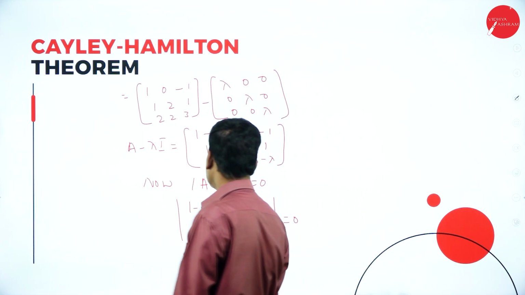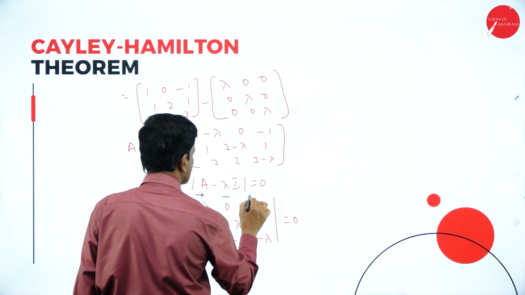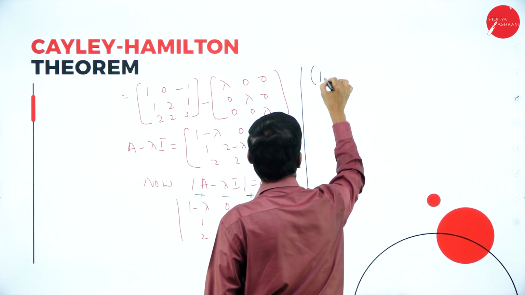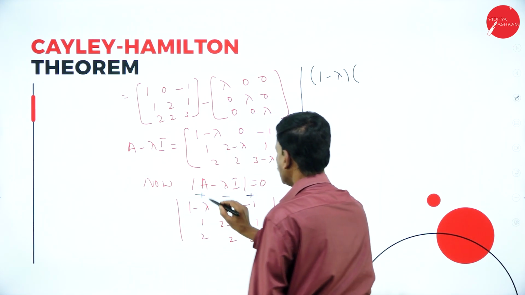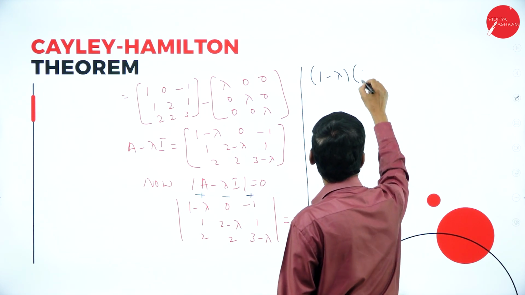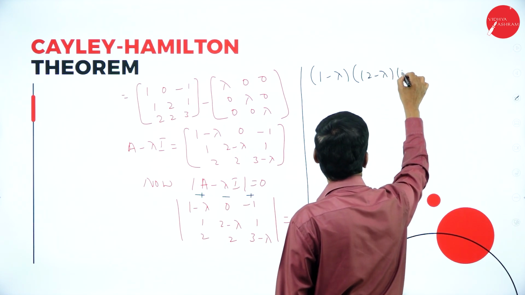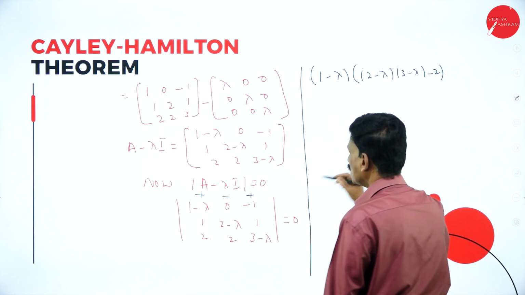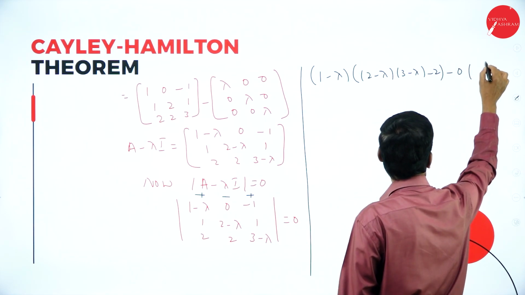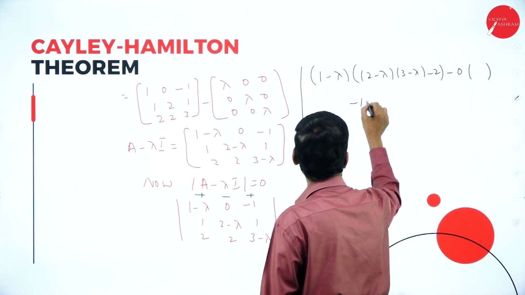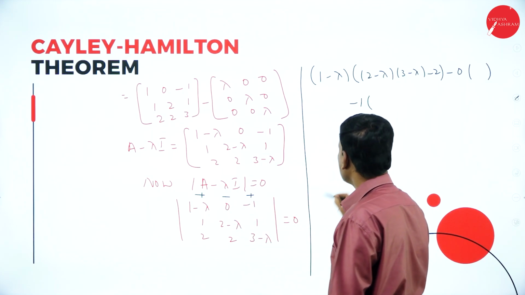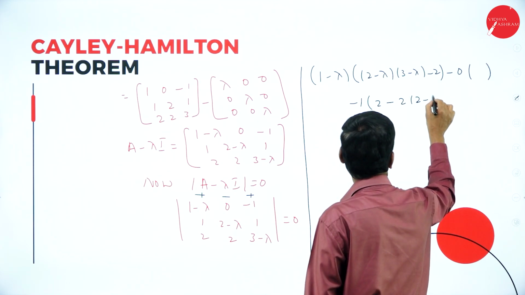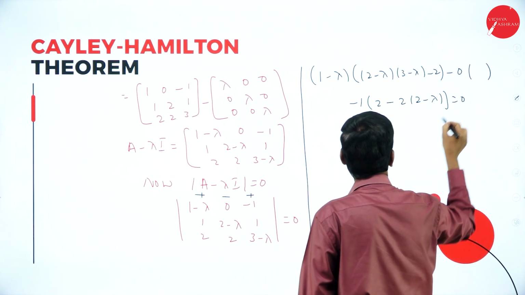Now, simplify. The signs are plus, minus and plus. So that is equal to 1 minus lambda into 2 minus lambda into 3 minus lambda, minus 2 ones are 2, again minus 0 into any number is 0, minus 1 into, this row and column deleted, 1 into 2 is 2, minus 2 times 2 minus lambda is equal to 0.